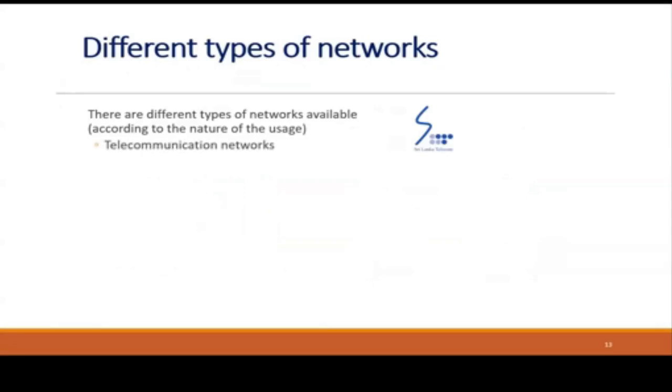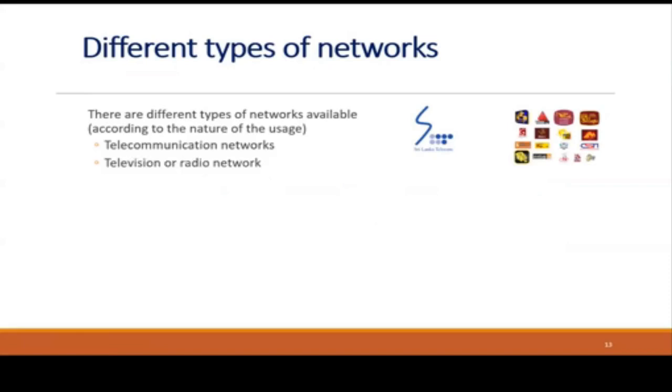So there are different types of networks available. Let's only consider the networks which are available in our country according to the nature of usage. We have telecommunication networks, and we have television and radio networks, right? Now we don't have this one, right? Sri Lanka Telecom combined with Mobitel, and now it is called something else.